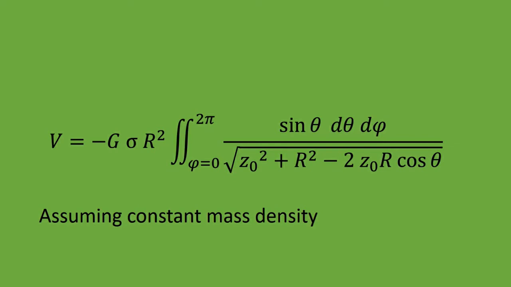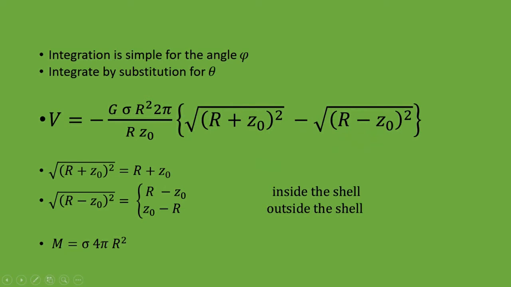If you look carefully at the denominator, you can see that z0 is just a constant, capital R is just a constant, so the only varying term in the denominator is cosine theta. So after integrating over phi, which is easy, we have to integrate over the angle theta.